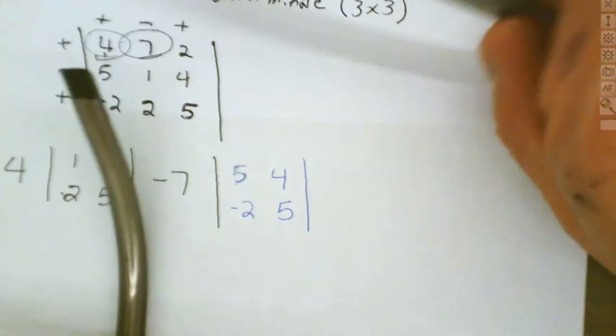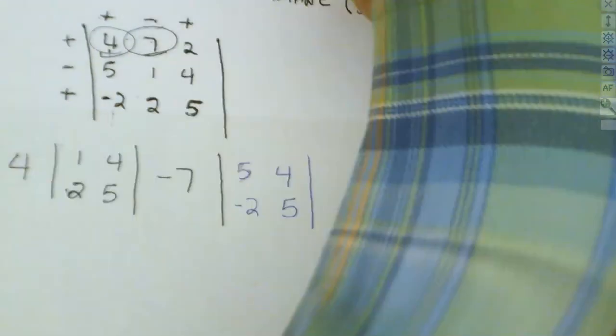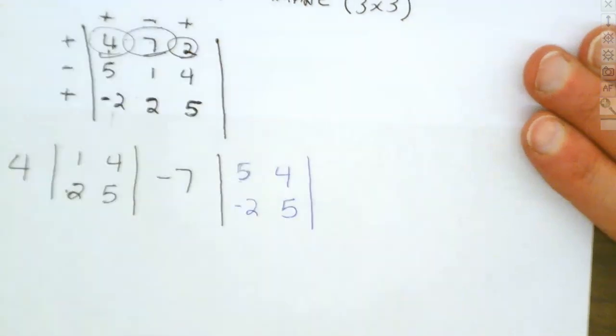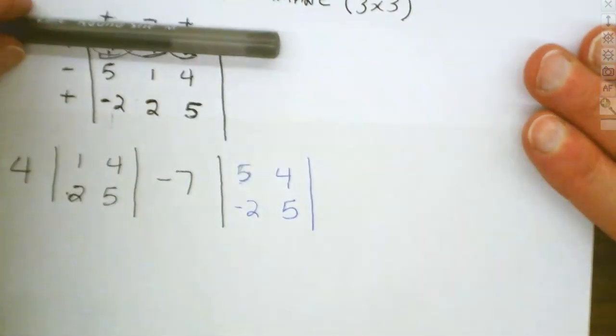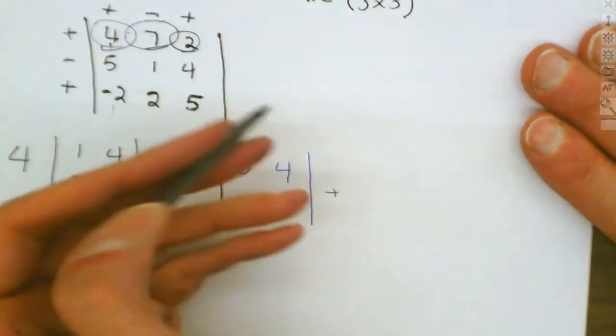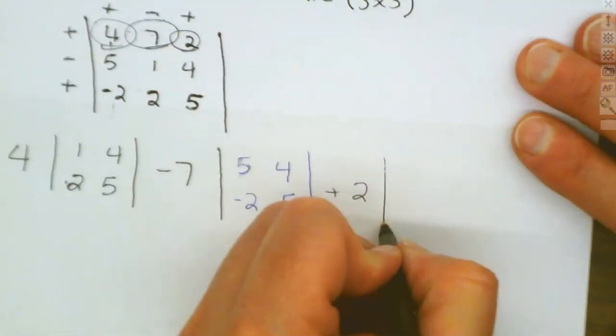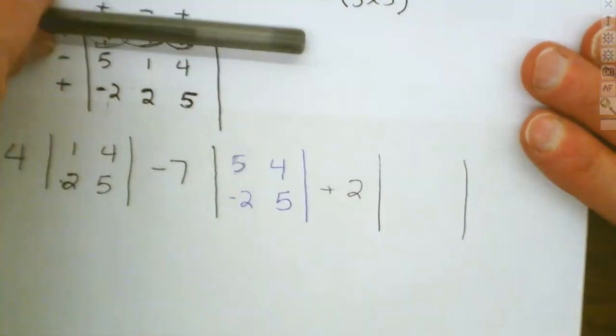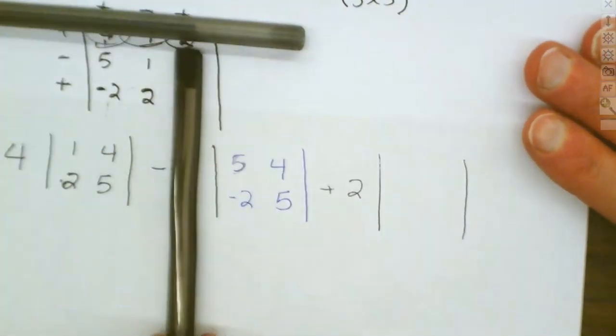Now, what's the next one? Again, going across. So there's my 2. Cover up the 2. And by the way, the sign has a positive, so that's a 2 in front. And let's cover it up. If I cover that up, what's left over?